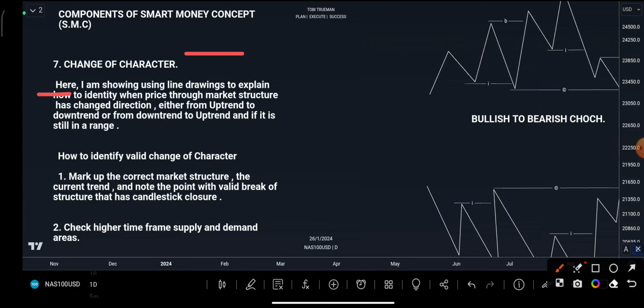Now here, I'm showing, using line drawings, all these line drawings to explain and for you to identify when price through market structure has changed direction, either from uptrend to downtrend or from downtrend to uptrend, and if it is in a range. Now, how do you identify change of character?